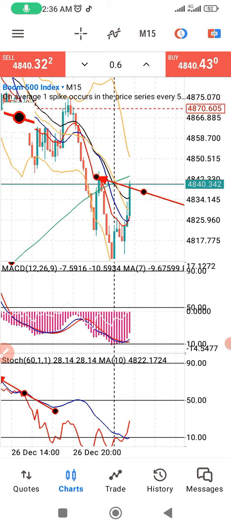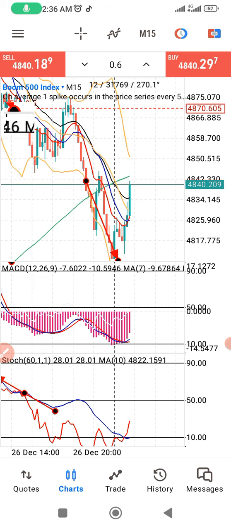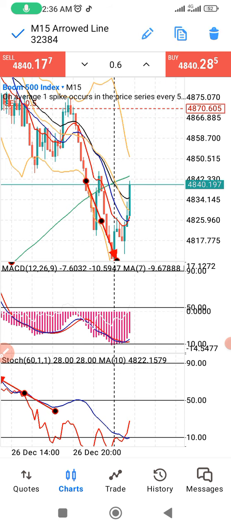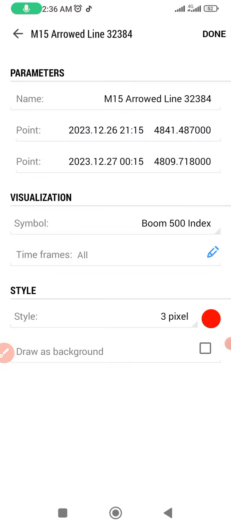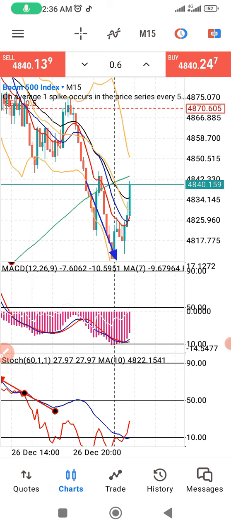So once price closes below the middle Bollinger Band, the next thing you want to look out for is that you have already seen price has come all the way down here. These blue arrows show that price has come all the way down here.